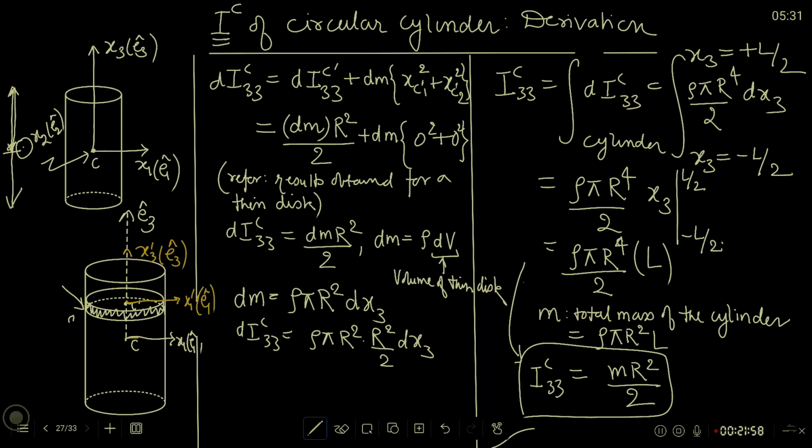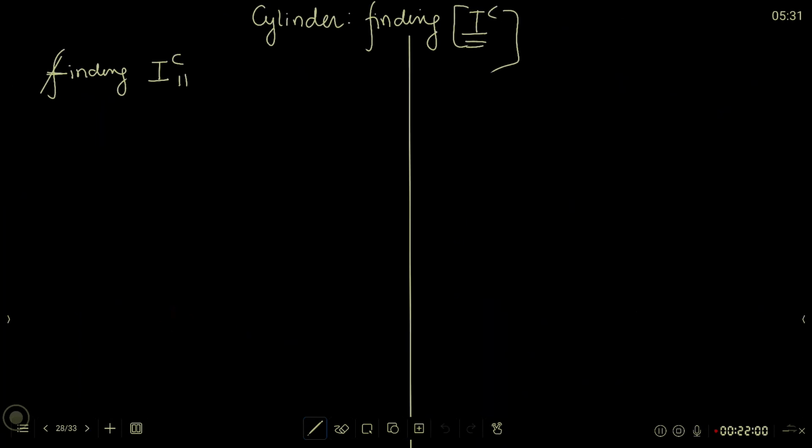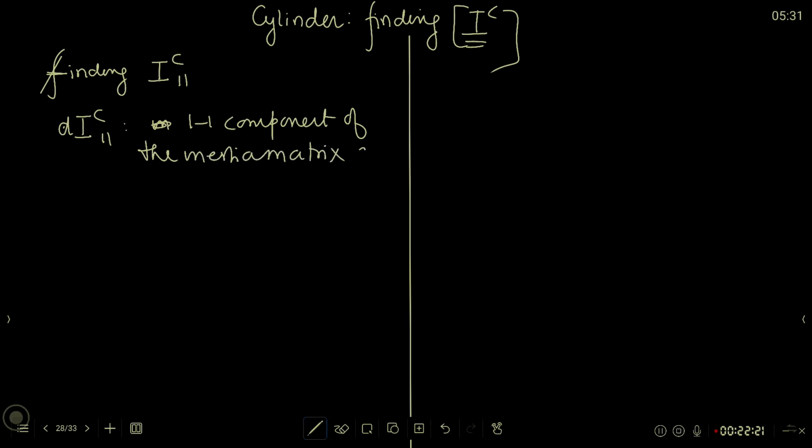So dIC11, first I will write it. Let me define it. This is the 1,1 component of the inertia matrix of the thin disk at the center of mass of the cylinder.